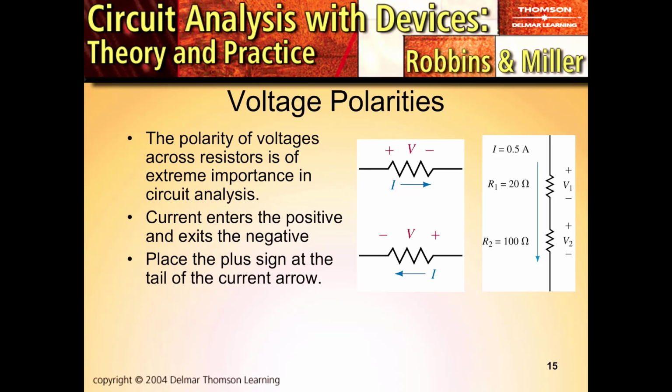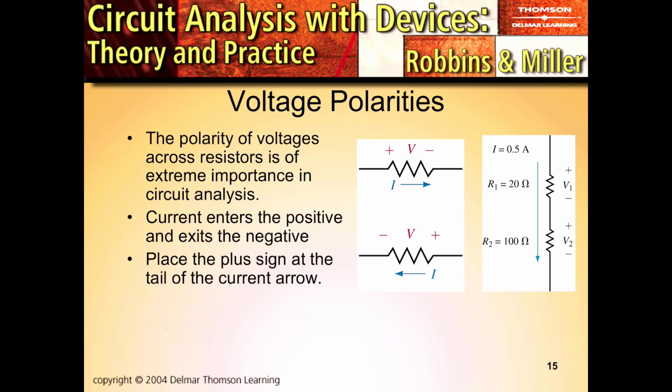So when it comes to voltage drop polarities, what we need to understand is that the polarity developed by the current flowing through a resistance or a restriction is determined by the direction of current. It's the direction of current through a load that determines the voltage drop polarity.